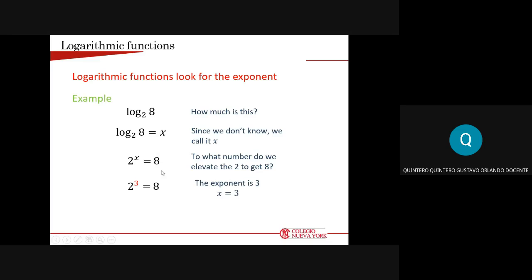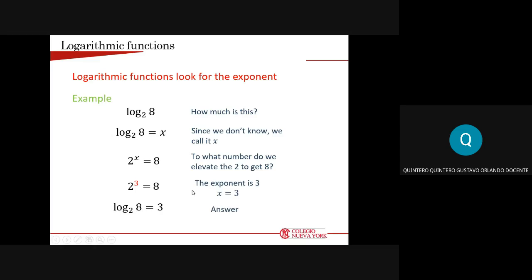But remember, what was x? X is our solution here. This is x, the solution for the question, logarithm to the base 2 of 8. So now we know the logarithm to the base 2 of 8 is 3. Because now we are asking, what is the value that we have to elevate the 2 so that it gives us 8?